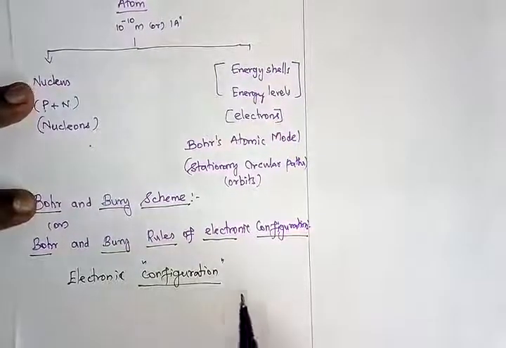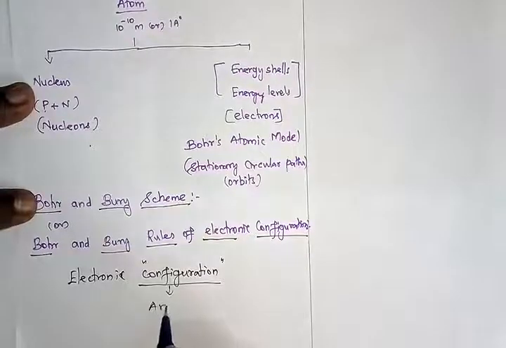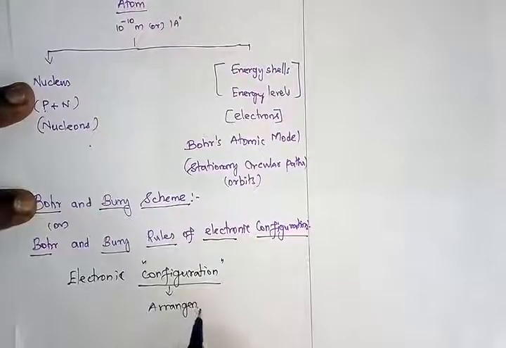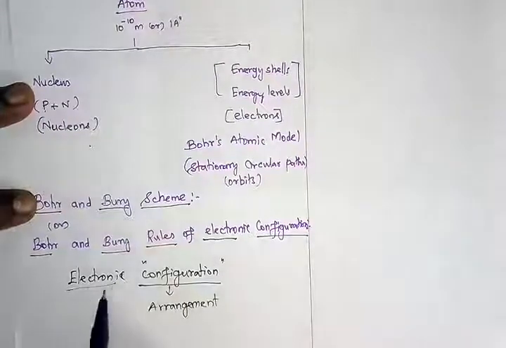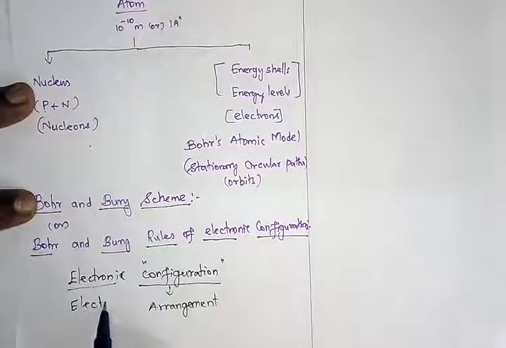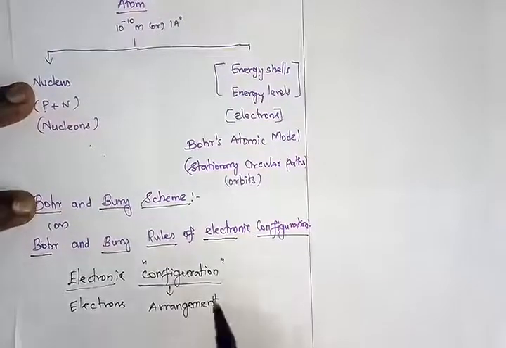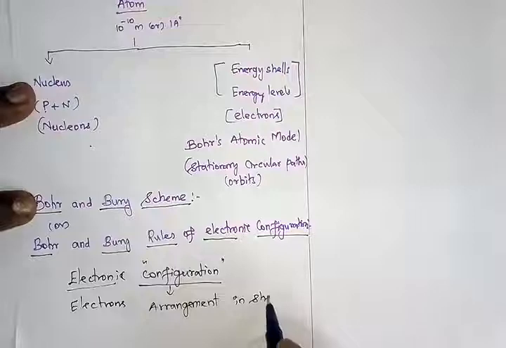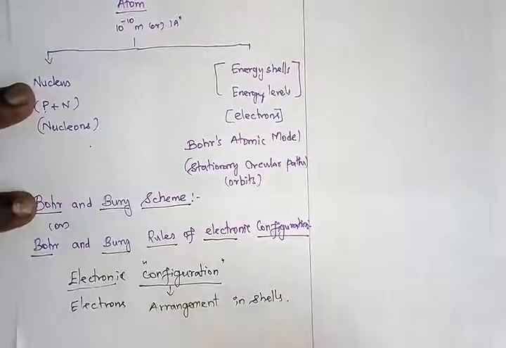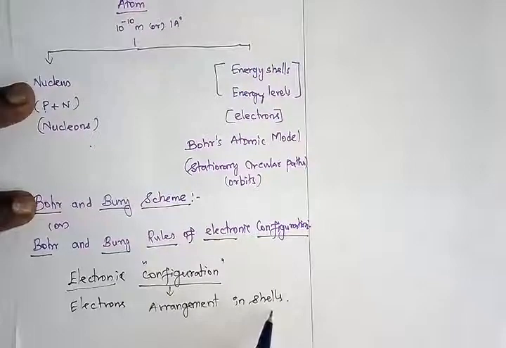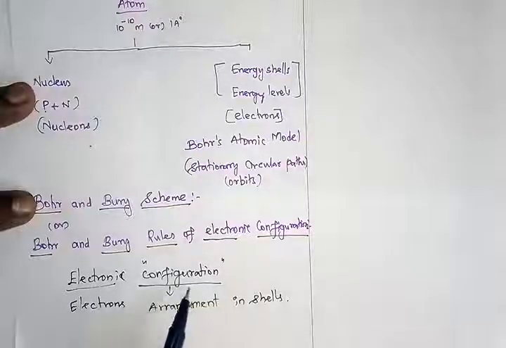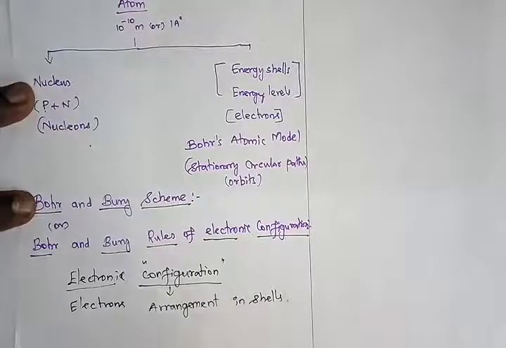Configuration means arrangement. Here what are you arranging? Electrons. Where do you want to arrange them? In shells. So the electron arrangement in shells is called electronic configuration. That is an idea, my dear children.